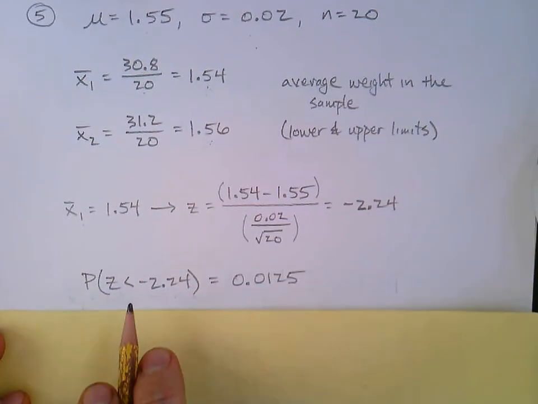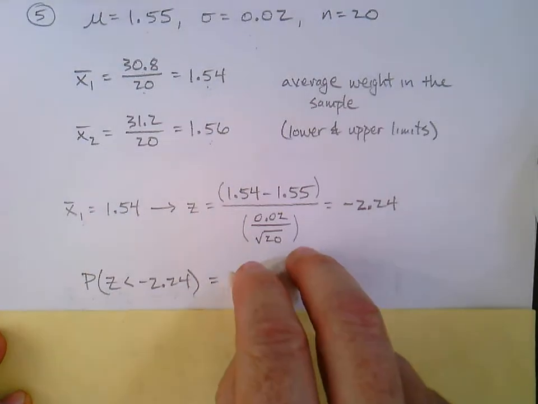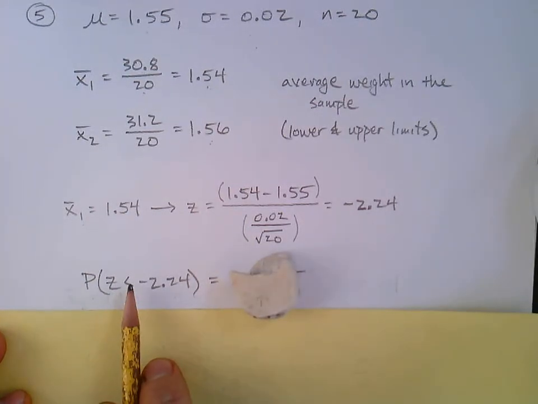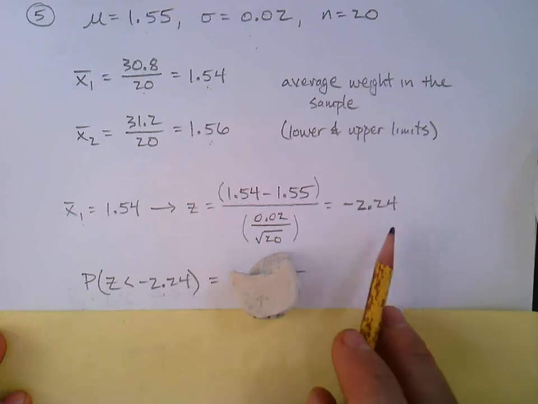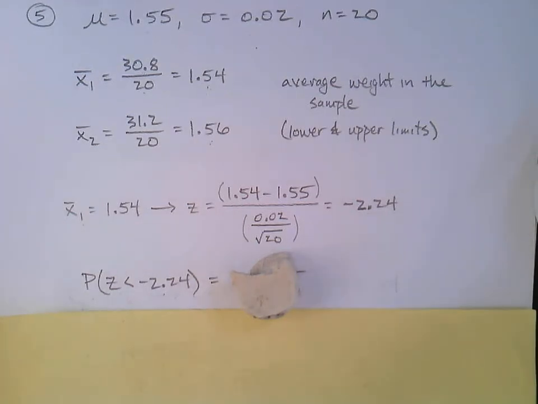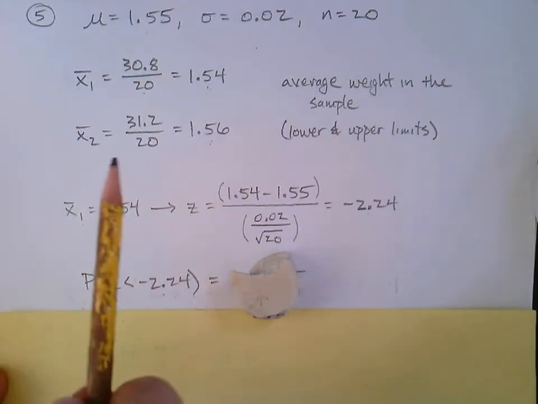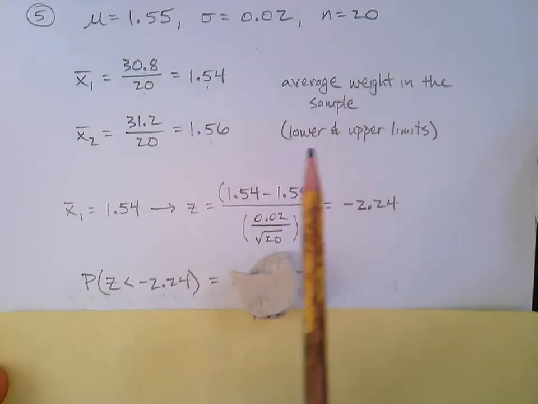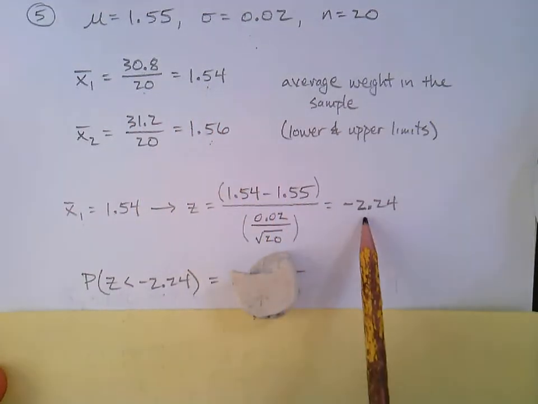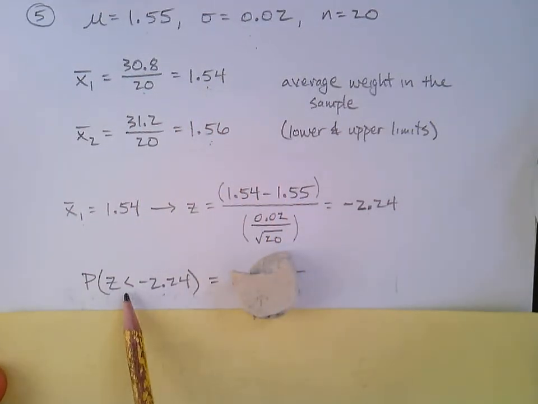We want the probability less than negative 2.24. Why is that? Well, go back and we'll read the problem. They're going to stop production for the day if the contents weigh less than 30.8. So if the average is less than 1.54, we say the z-score is less than negative 2.24.